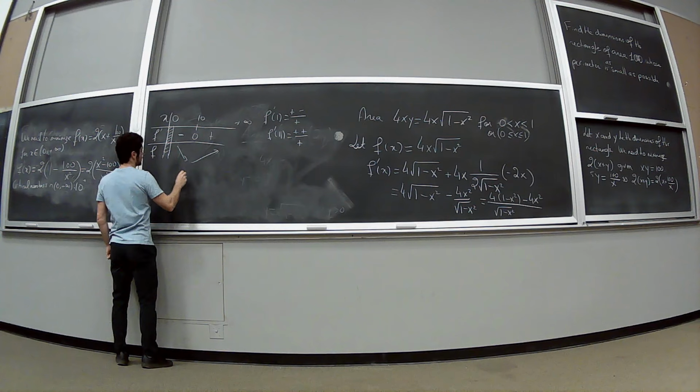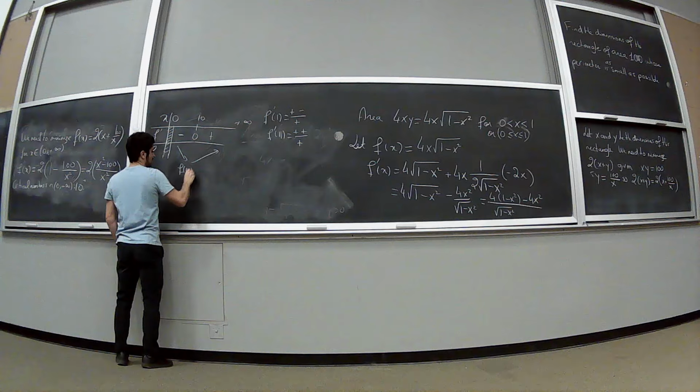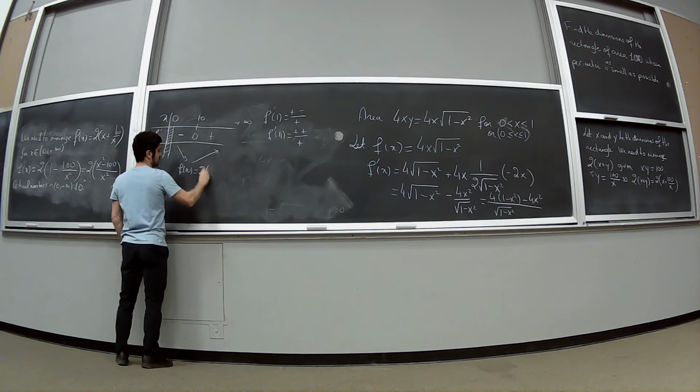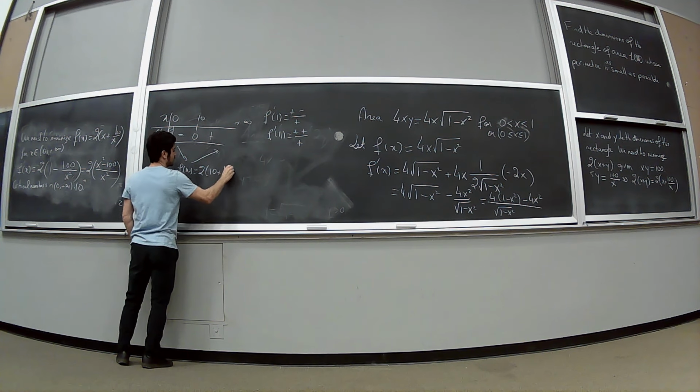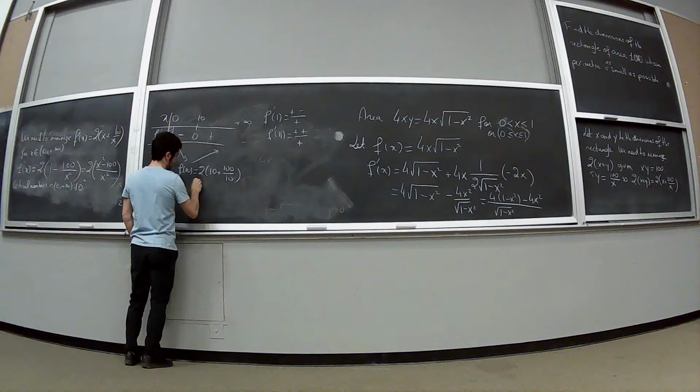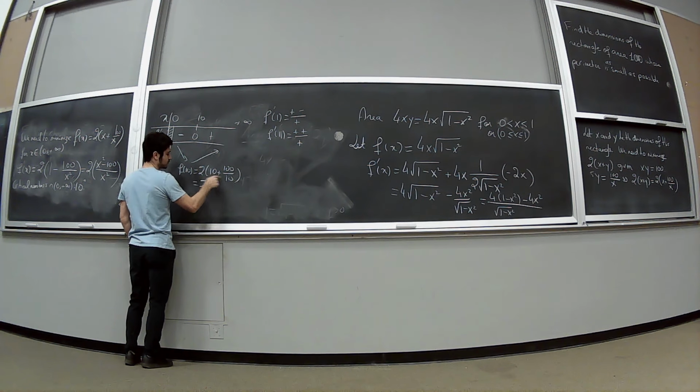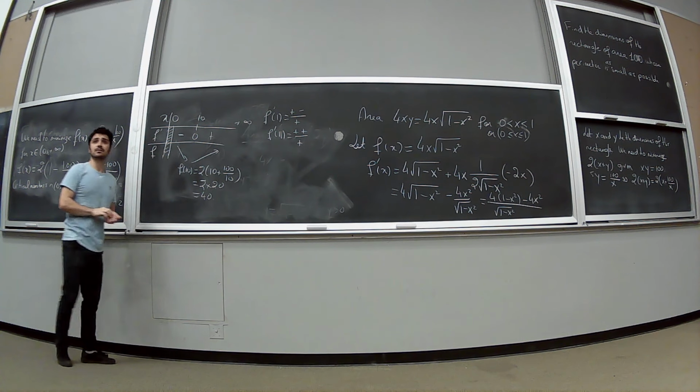What is f of 10? f of 10 is 2 times 10 plus 100 over 10. It's 2 times 20. Is that true? Which is 40, right?